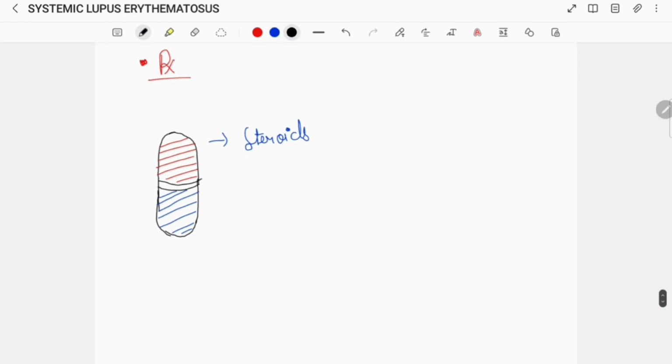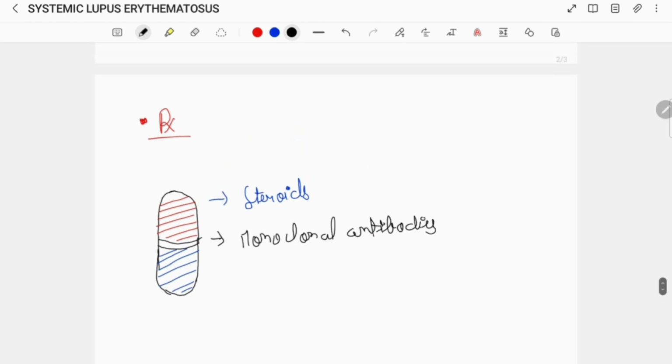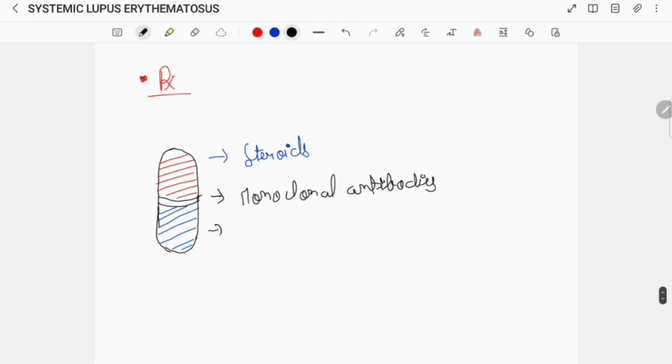Apart from steroids, you can also go for monoclonal antibodies, or you can go for intravenous immunoglobulins. In certain cases, you can also go for plasmapheresis.